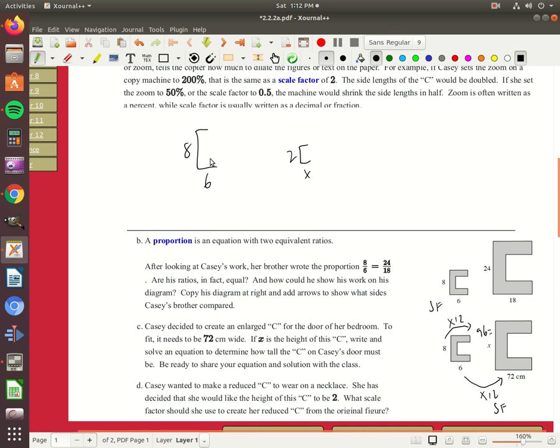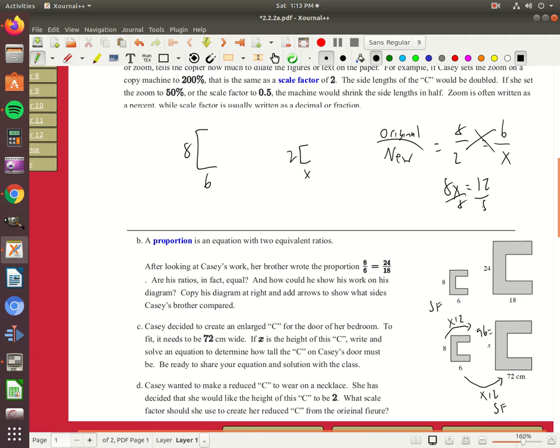Well, I'm guessing some of you already see a shortcut, but let's go ahead and set up the ratio. I'm going to do the original on top and the new one on bottom. So my original 8 goes to this 2, and the 6 goes to, I don't know what, so I'll cross multiply. I get 8x equals 12.